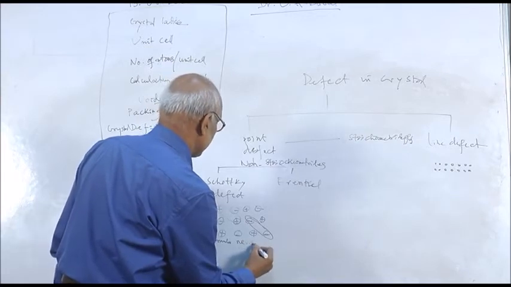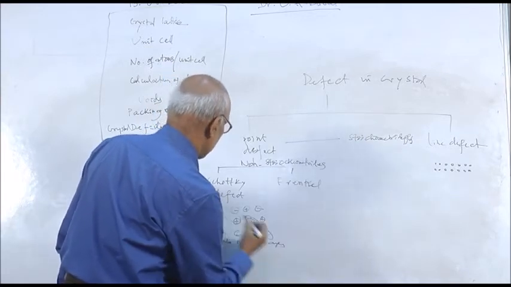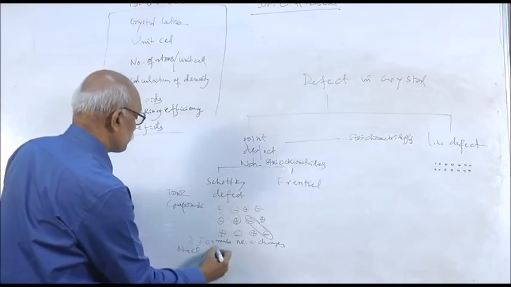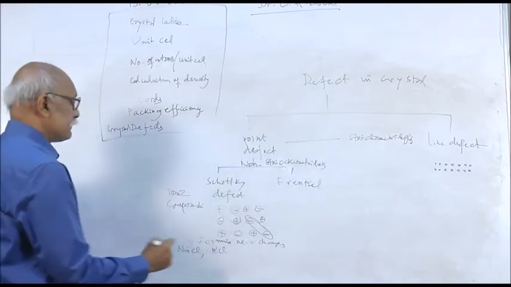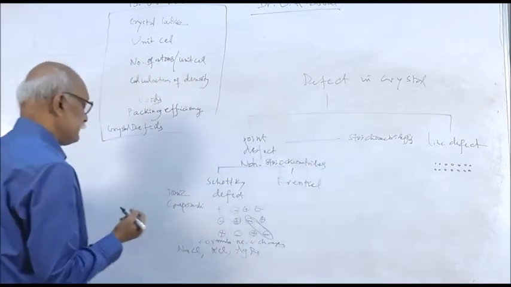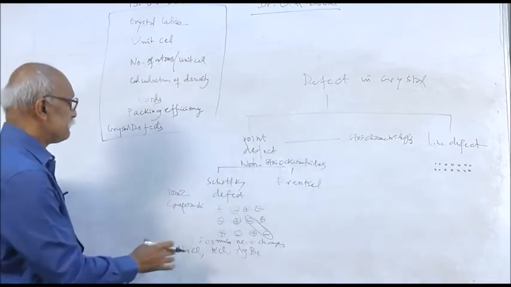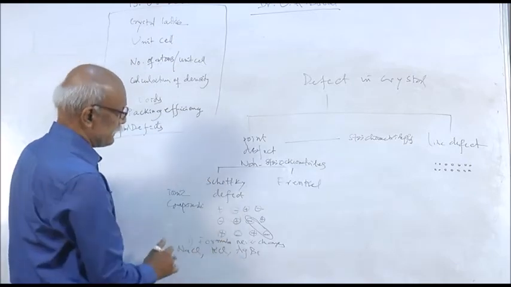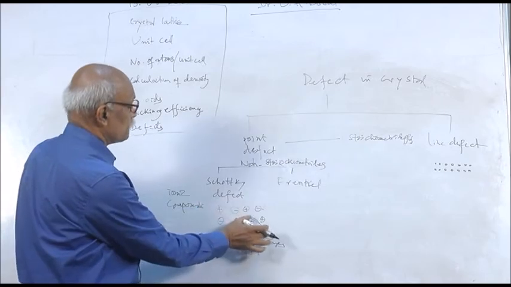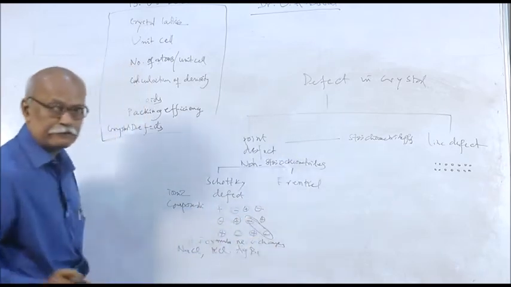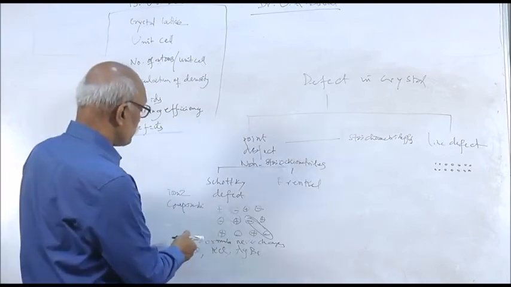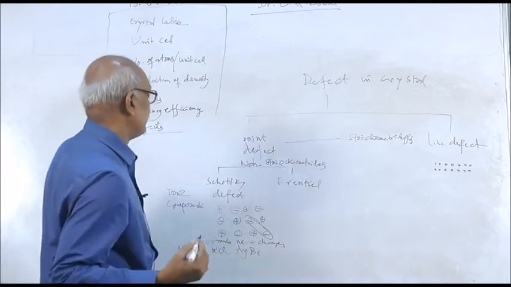As for example, sodium chloride, potassium chloride, silver bromide, zinc sulfide, etc. undergo the Schottky defect. If two cations are lost, two anions will be lost. As a result, the molecular formula will not change.